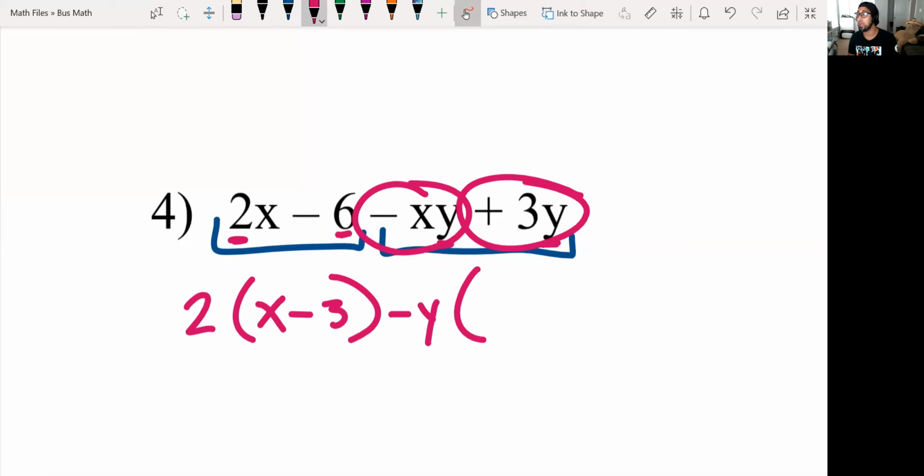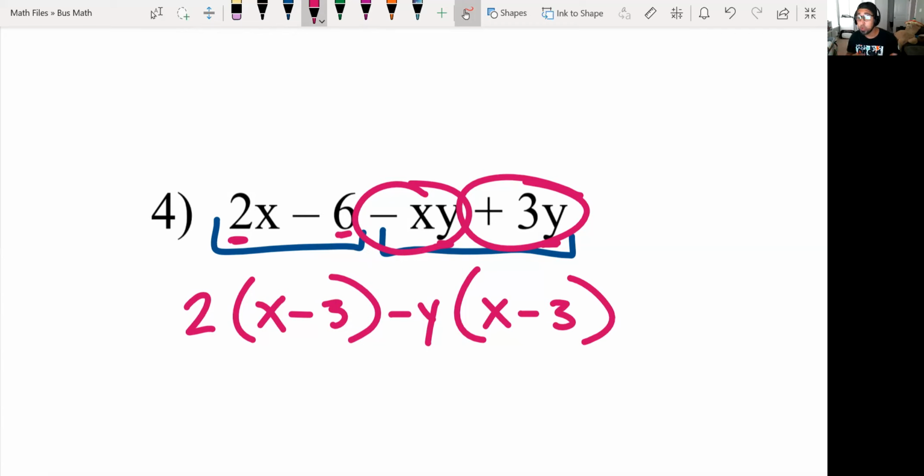Negative y from negative xy, remember, negative from negative makes positive, so the y's will cancel and leave me with a positive x. And negative y from 3y, well, negative from positive means negative, the y's will cancel, and now I'm left with a negative 3.